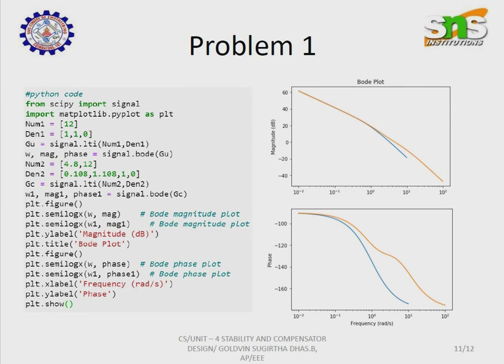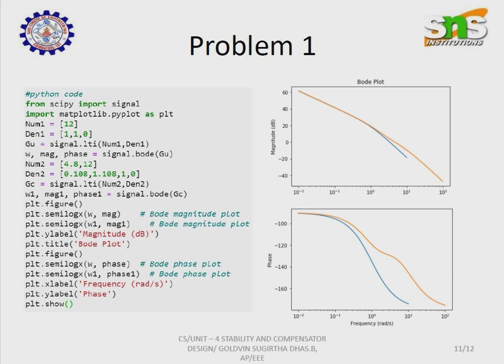Next, like in the case of MATLAB, we are entering the uncompensated system, and we are converting it into a transfer function using G equal to signal dot lti of numerator 1 comma denominator 1, and we are getting the values for omega, magnitude and phase using signal dot bode of GU, and likewise we are defining num2 and den2.